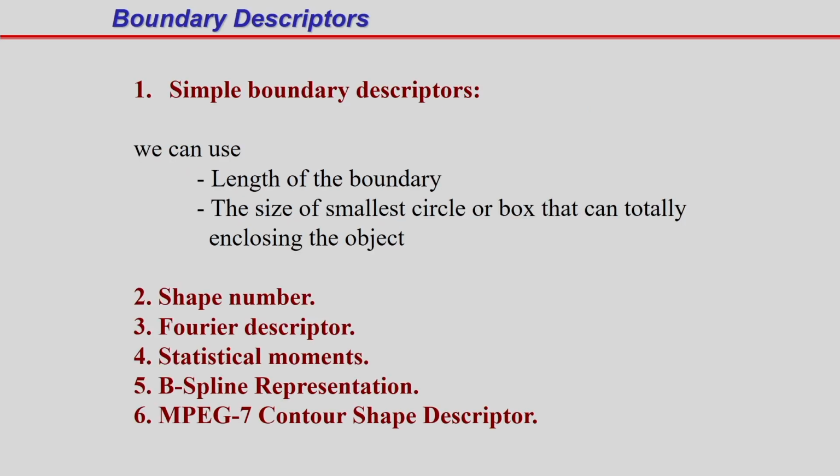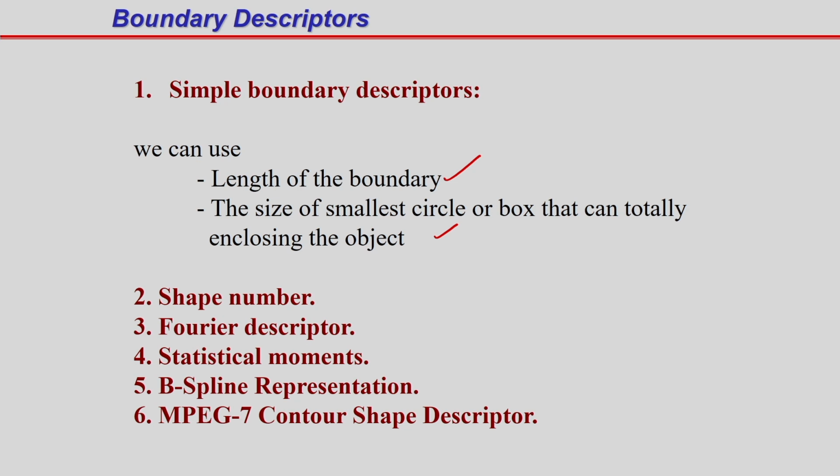For boundary descriptors, I can consider the length of the boundary, and the size of the smallest circle or box that can totally enclose the object. I can also consider descriptors like the shape number. The Fourier descriptor is a very good descriptor to represent a particular boundary.